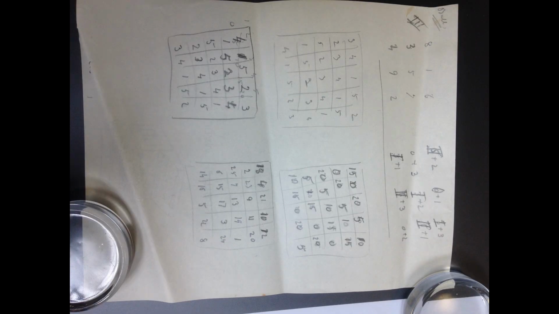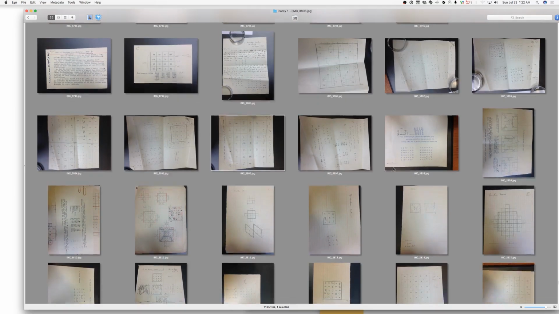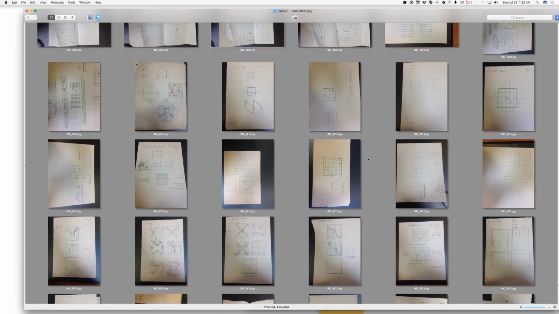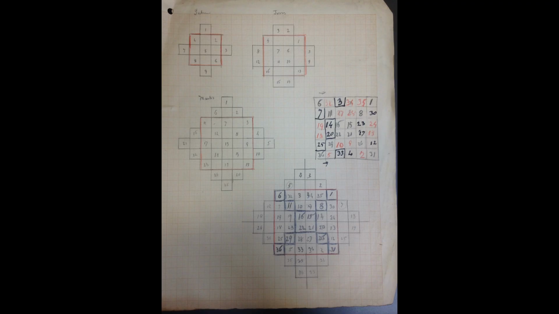More squares, more magic squares, okay. Now I'm going to find a cellular automaton in one of these. No, I'm not. It'd be really fun if I did. Okay. Yep, more magic squares.